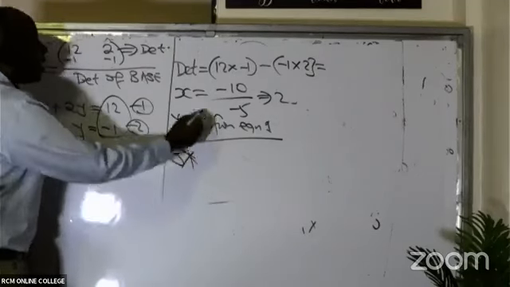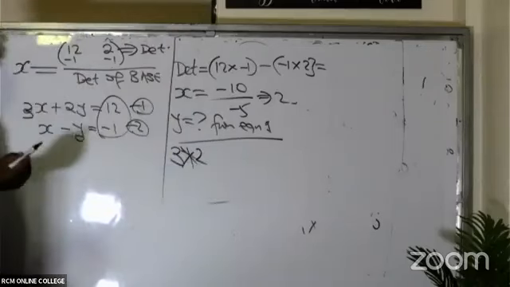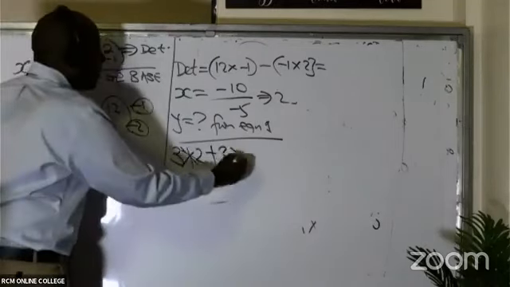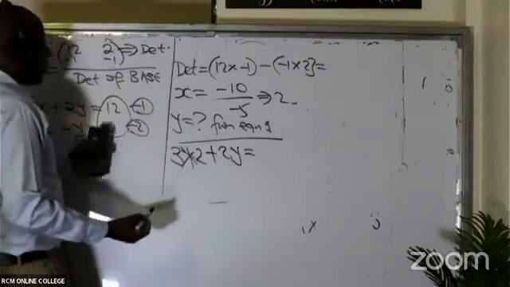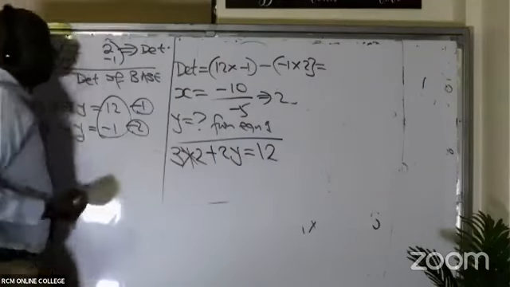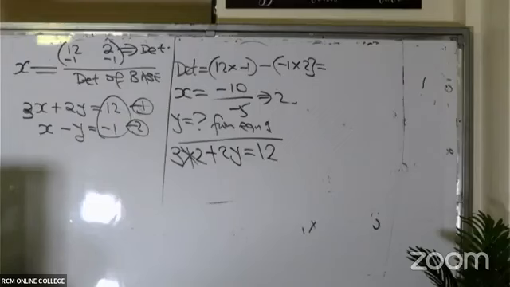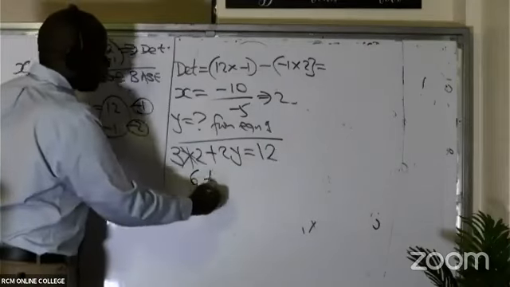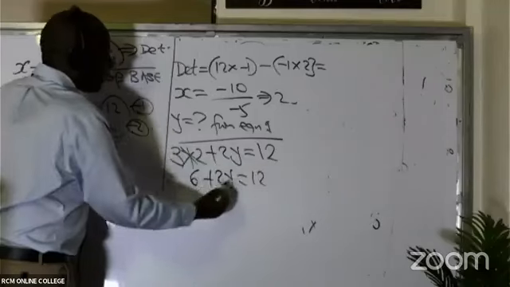Fortunately, we know the value of x is 2. So 3 times 2 gives me 6. So this is 6 plus 2y, giving me 12.